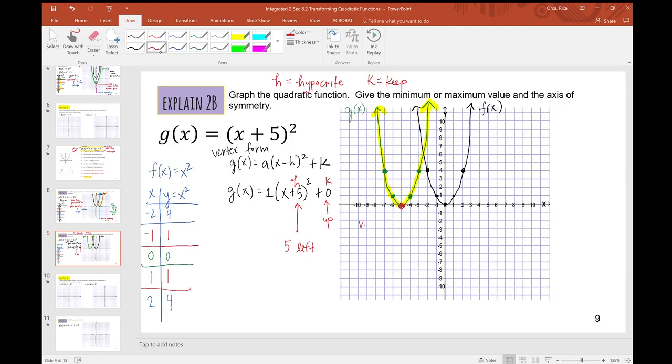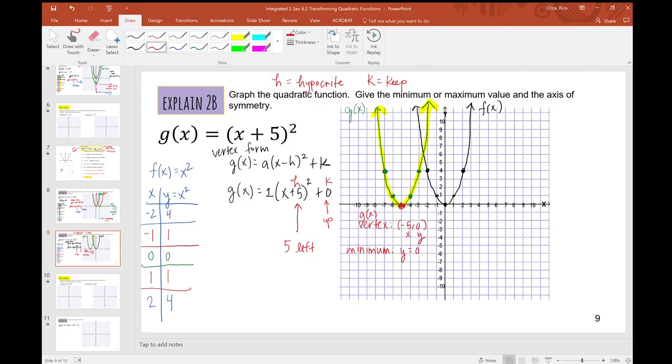Let's label the key parts. So the vertex of g of x is at (-5, 0). X is -5, y is 0. The parabola opens up, which means that we have a minimum at y equals 0.